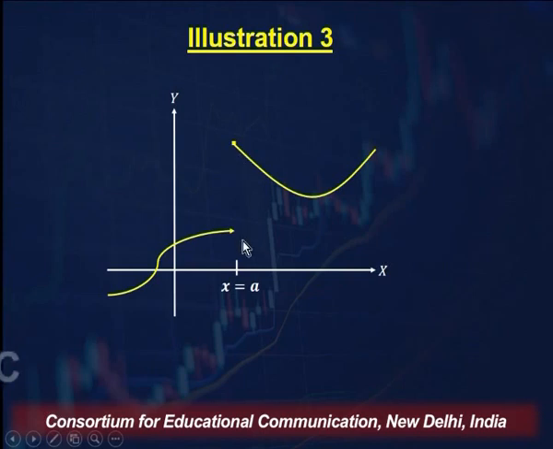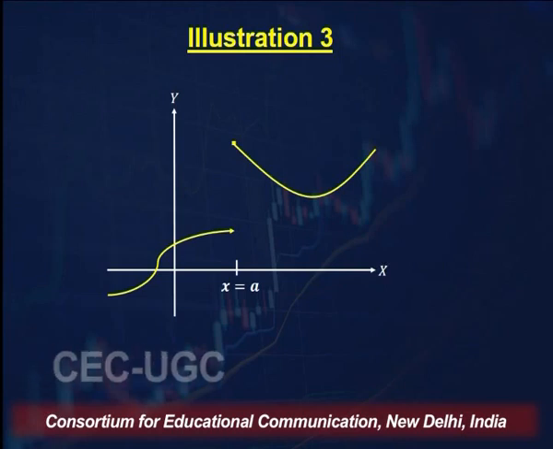Clearly you can't move from this point at the bottom to the point on top without lifting your pen or pencil off the paper. So this is an example where the function is discontinuous at the point x equal to a. It's showing a jump in the graph, and because of the break, the function is discontinuous.